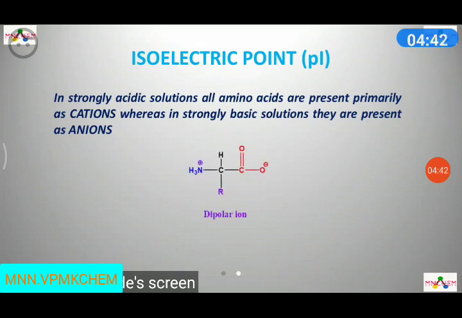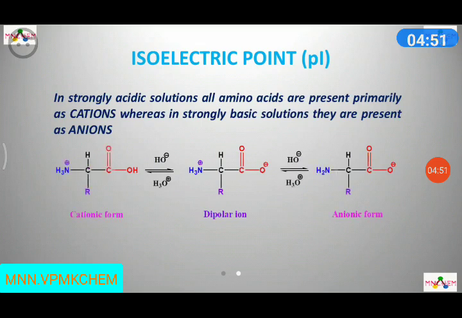This is the dipolar ion form, or Zwitter ion form, of an amino acid. In acidic or basic solution, we have a cationic form, which is dominant in acidic solution, whereas in basic solution the anionic form is dominant.